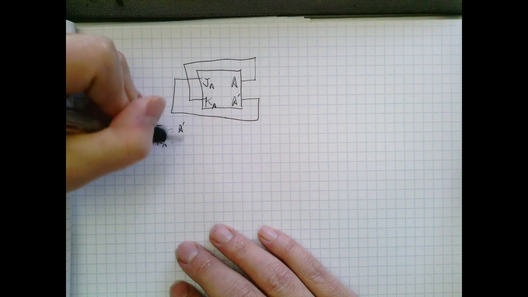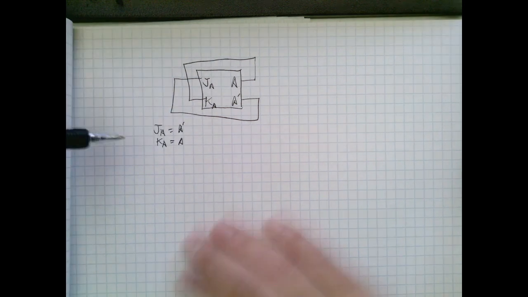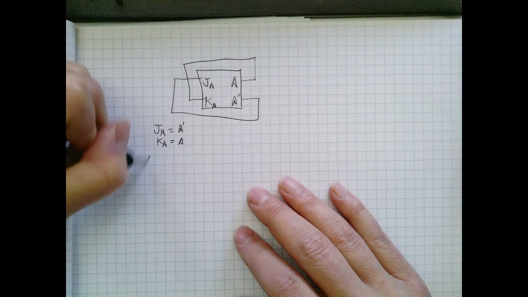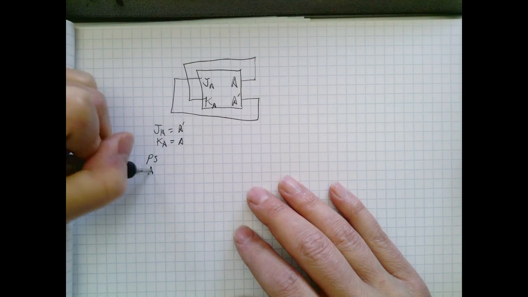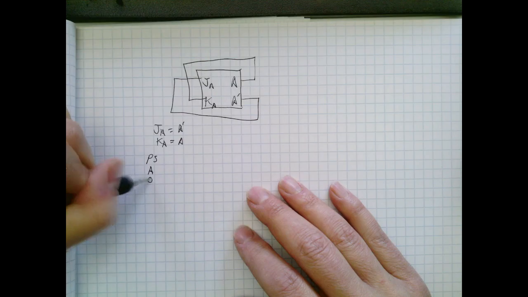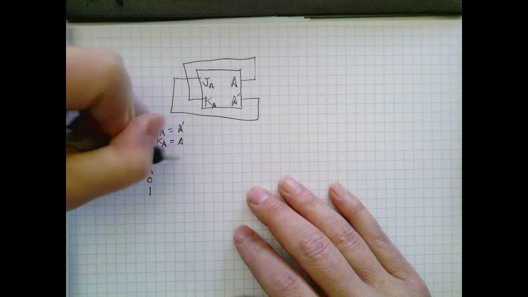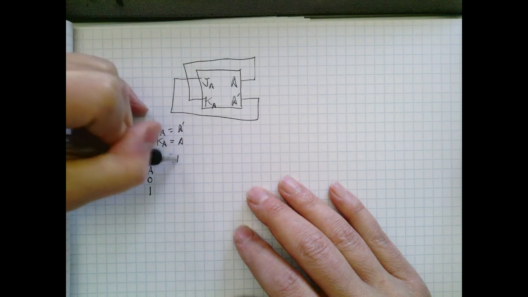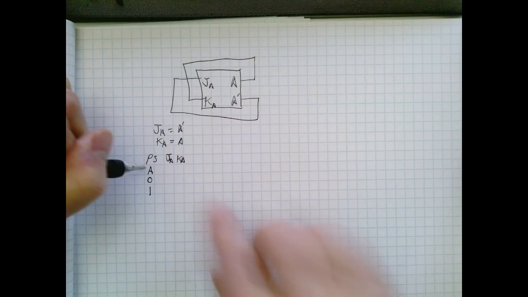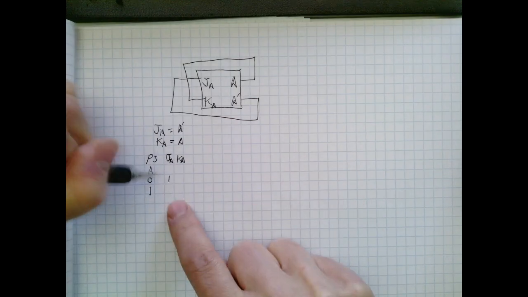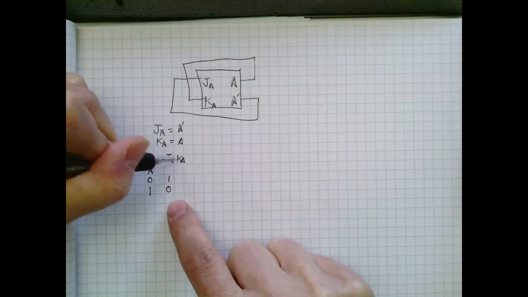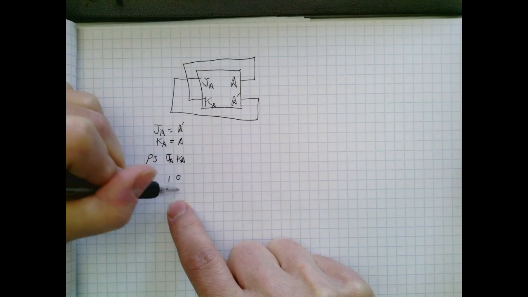And KA is equal to A. So we're good. And now we have to create our little present state thing with only A as an input, and it can be either 0 or 1. And I can write down JA and KA, and I know that JA is equal to A prime, so that's a 1 and a 0, and KA is equal to 0 and 1.